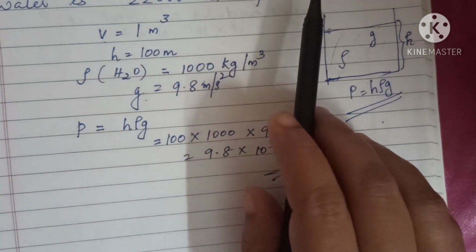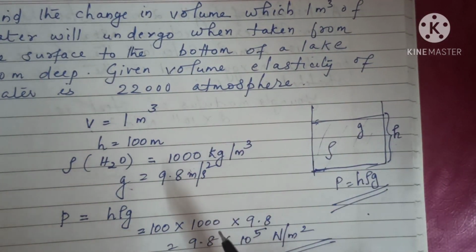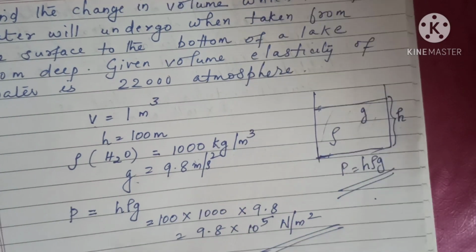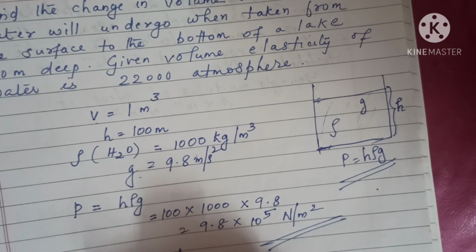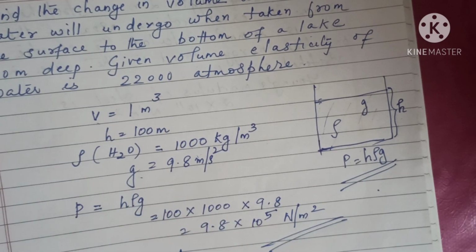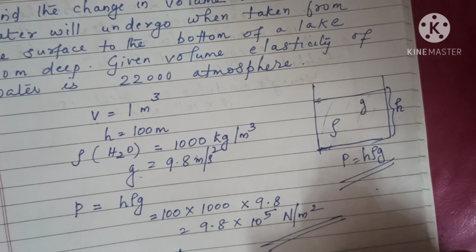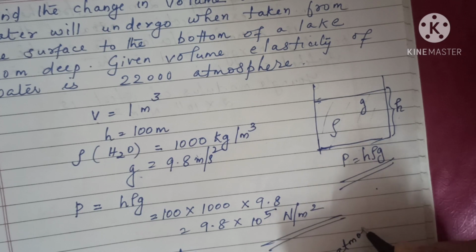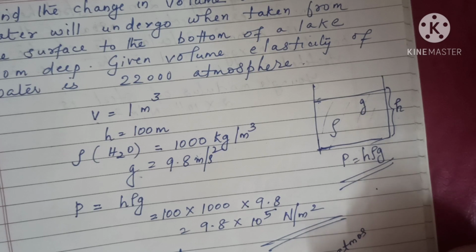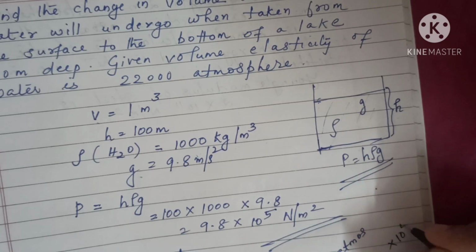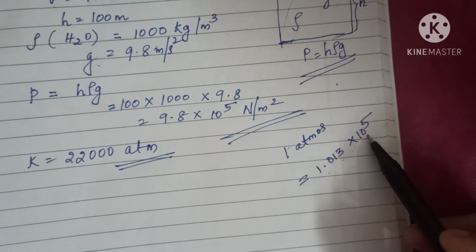Clear? Now here the volume elasticity. What is that volume elasticity given there? It is the bulk modulus. Okay, so it is given as K is equal to 22,000 atmos. Actually this atmos is the unit of pressure, and you can convert it. 1 atmos can be converted by multiplying it with 1.013 into 10 power 5.